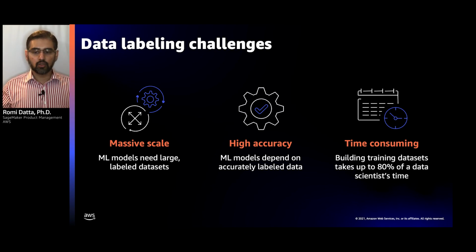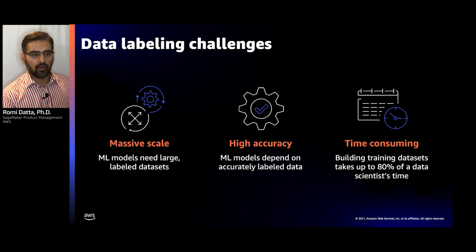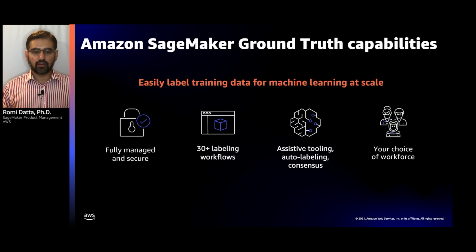This is a time consuming process, and one of the ways SageMaker helps you is through SageMaker Ground Truth. SageMaker Ground Truth lets you easily label training data for machine learning at scale with 30 plus labeling workflows, assistive tooling, auto labeling, and your choice of workforce.